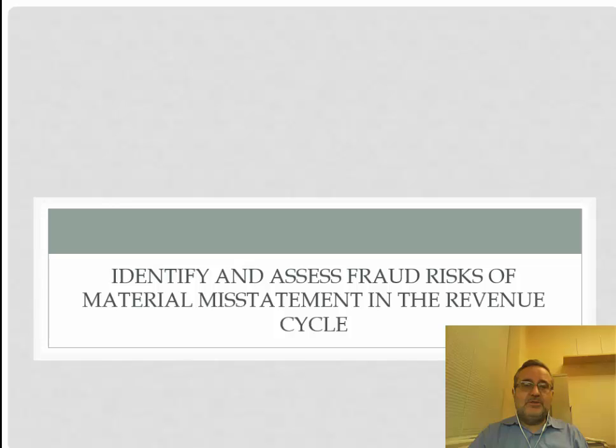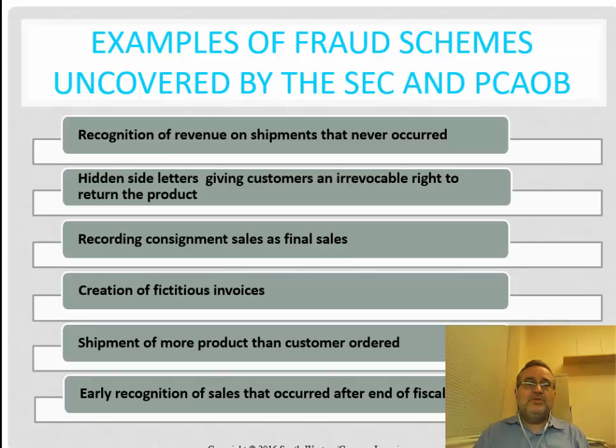Now let's focus on specific fraud risks related to the risk of material misstatement. Here are some specific fraud schemes that have been uncovered by the SEC and the PCAOB. Recognition of revenue on shipments that never occurred, hidden side letters given to customers with an irrevocable right to return the product.